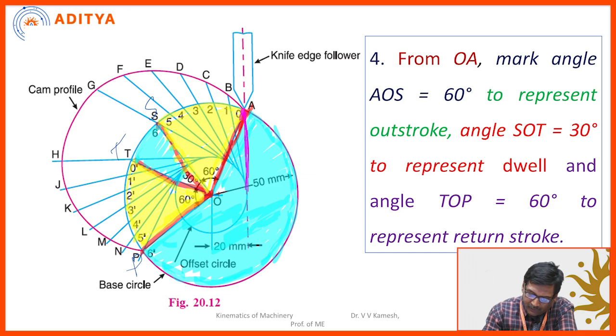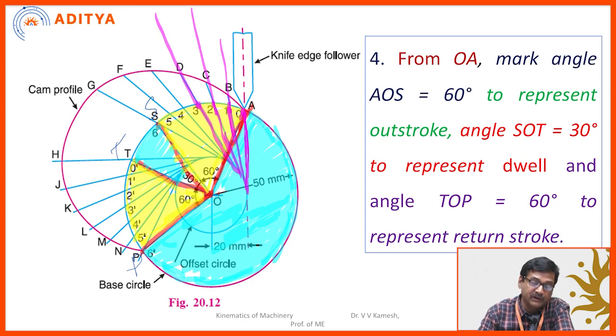So I am taking first point number 1, I need to draw a tangent to the offset circle. So this is the tangent. Now I am extending. Next at the point 2, I need to draw a tangent. Now extend. From 3, you draw a tangent to the offset circle, extend it. So these are the extended lines.